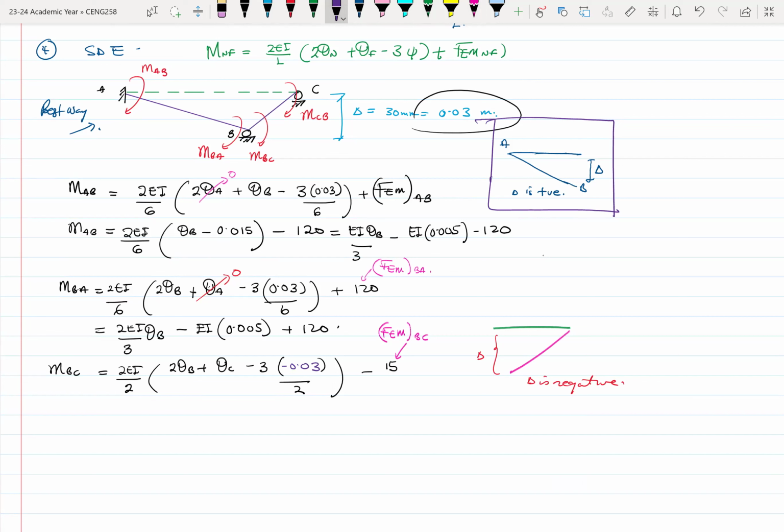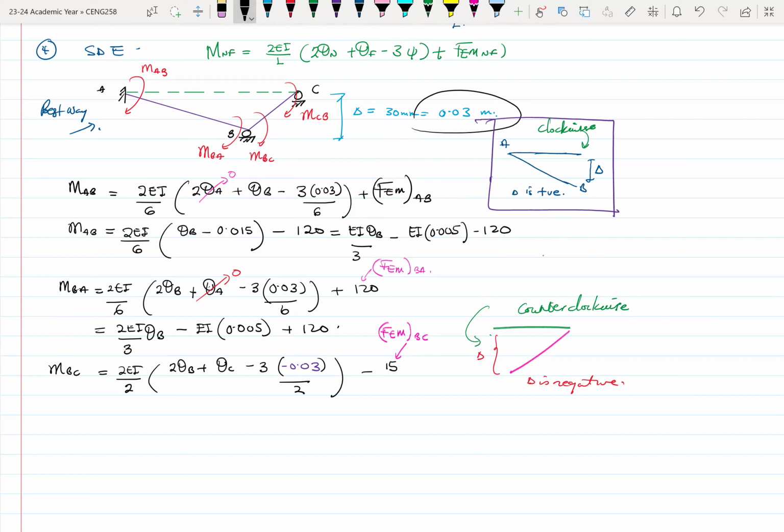And the reason is because you are writing your equations in terms of clockwise being positive. So anything that is anti-clockwise will be negative. If you look at the rotation of the chord, it goes anti-clockwise for this case, whilst for the upper one, the rotation is clockwise. Okay, so this is positive, this is counterclockwise or anti-clockwise, so it is negative. All right.